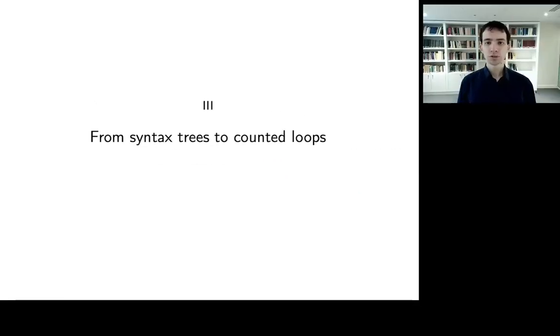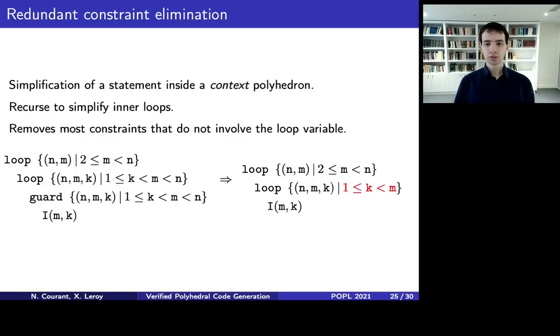Now that we have produced a syntax tree, the last two steps of code generation are to produce counted loops. To that end, we first do a redundant constraint elimination pass, where we simplify the code to remove redundant constraints introduced by the previous pass.